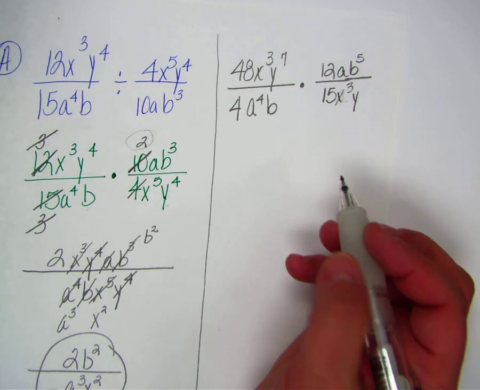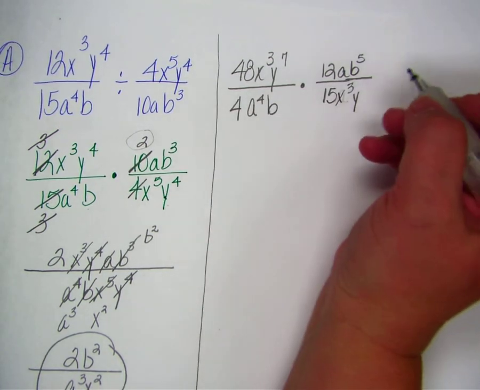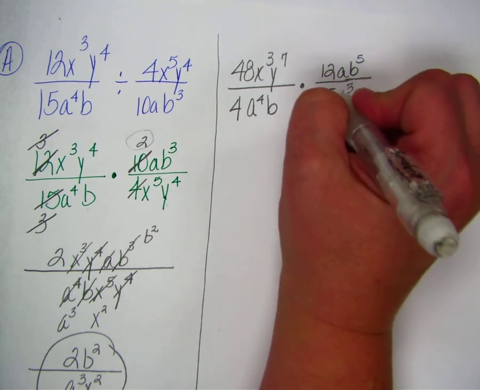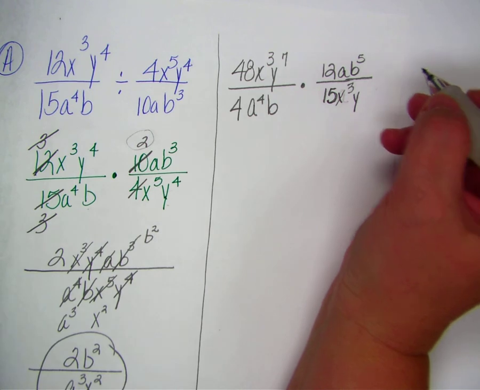Okay. So first, let's just cancel our numbers. What do you think we should do? 4 and 12. Okay.